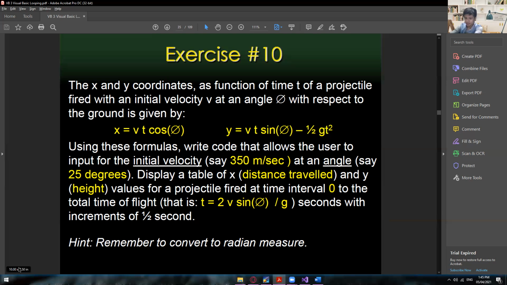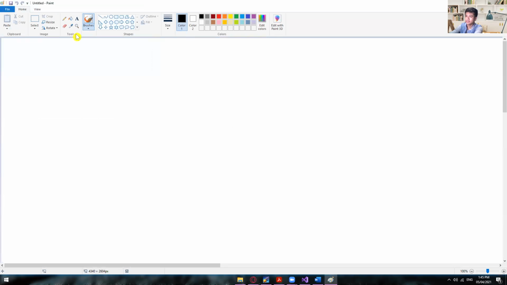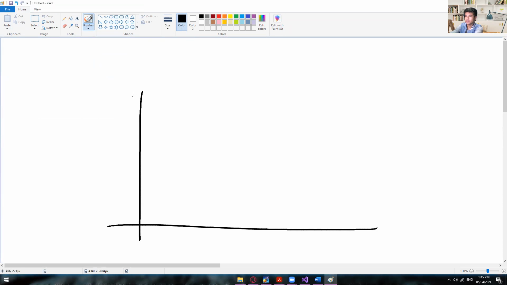All right, so to make it simple, let's use a graph. So we have here the x and y coordinates. y is the height, and x is the distance traveled.